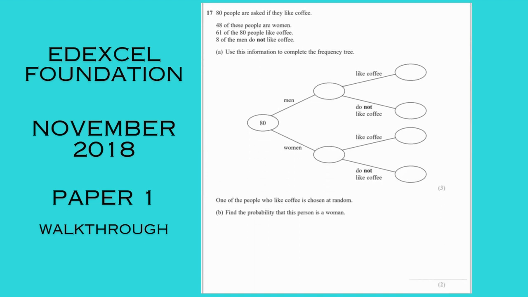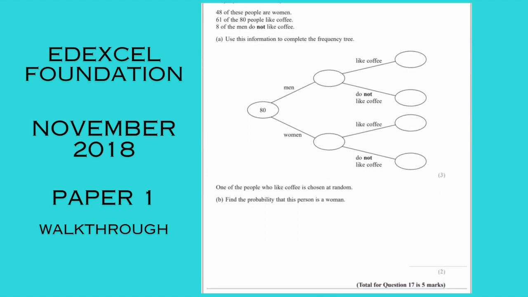Number 17, nice frequency tree, but as always with wordy questions, one step at a time. And if you're given some new information, ask yourself, is there anything else I can add in or work out? So you're told there's 80, but that's filled in for you. 48 are women. 80 take away 48 gives us 32 in there. 61 of these people like coffee.